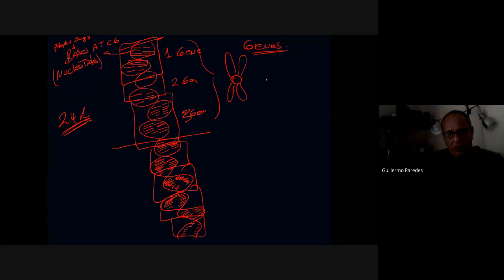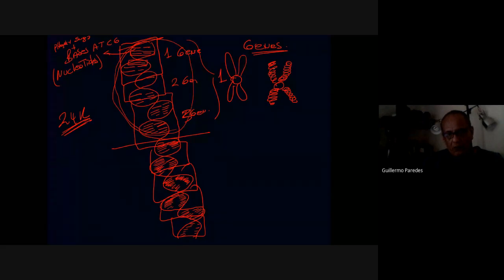A chromosome is drawn like this, but the chromosome literally is like this. It's a recoil of DNA, and all of this is recoiled based on this area. Okay, so that is one chromosome. The chromosomes are going to have pieces that form genes. So many genes for each chromosome.